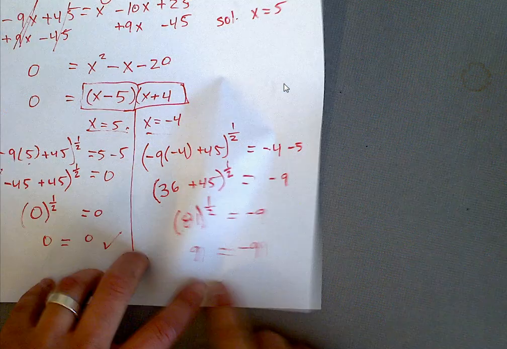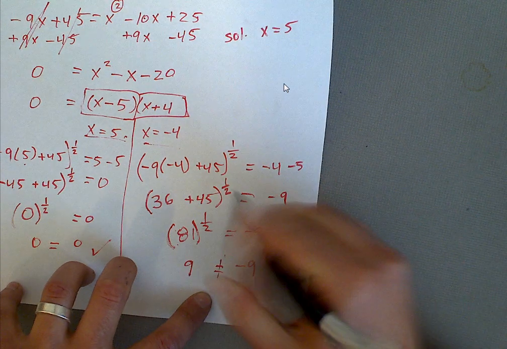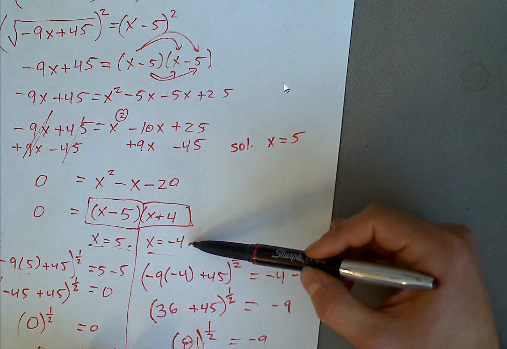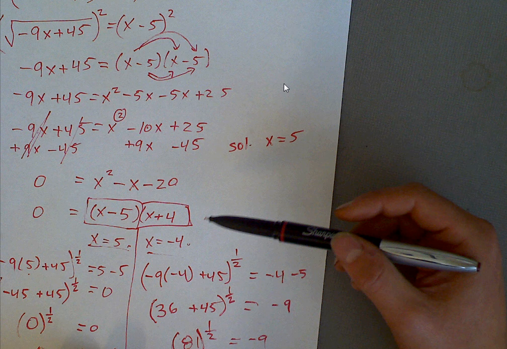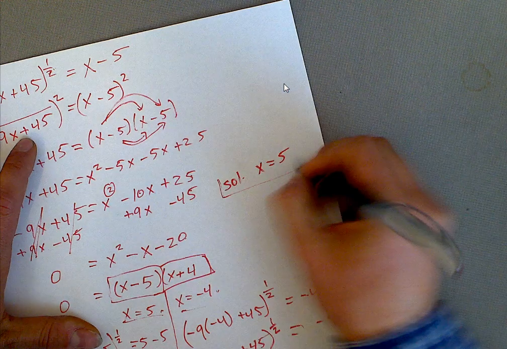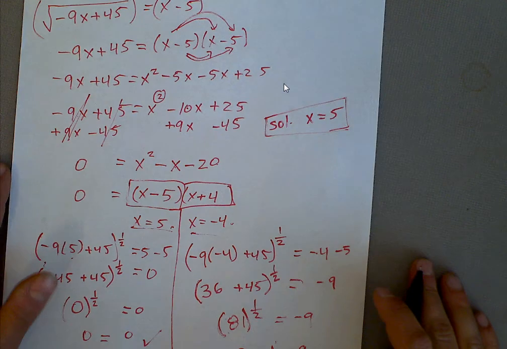If we compare the two answers, 9 and negative 9, they're not equivalent, which means negative 4 is not a solution to this equation. So the only valid answer is x equals 5.